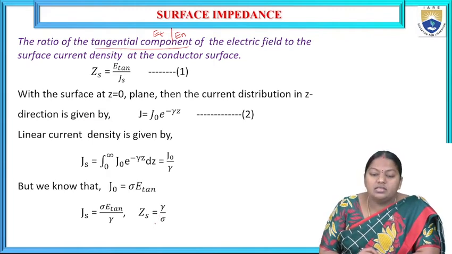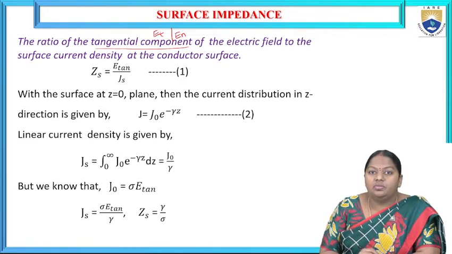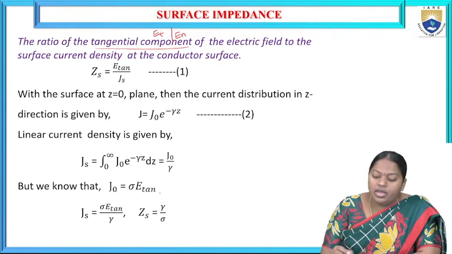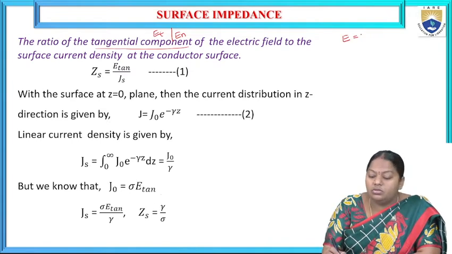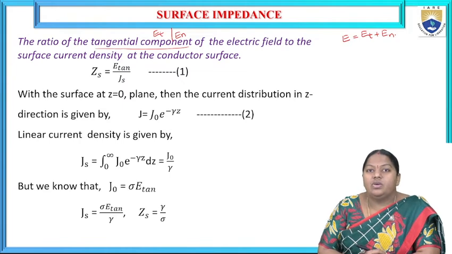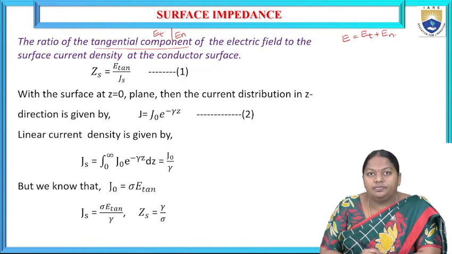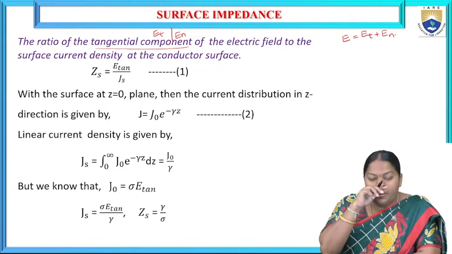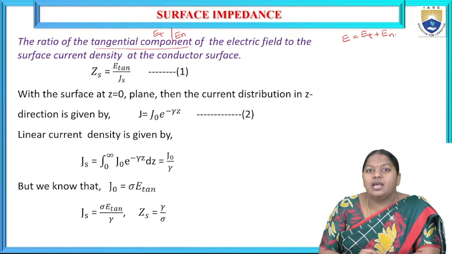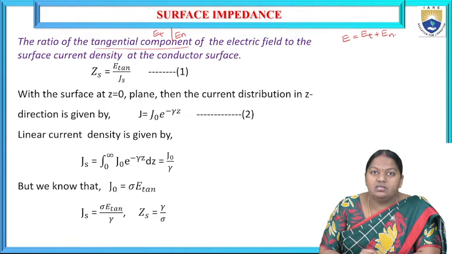As we have discussed these two components in the boundary conditions between homogeneous and isotropic media, the total electric field E is decomposed into two orthogonal components, one tangential and the other normal. These two are orthogonal to each other, meaning the angle between them is exactly 90 degrees, right?